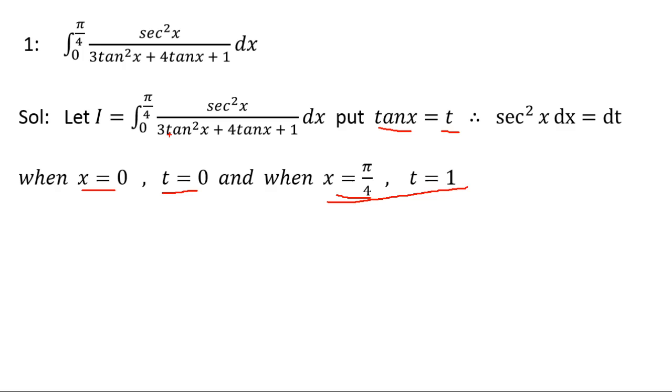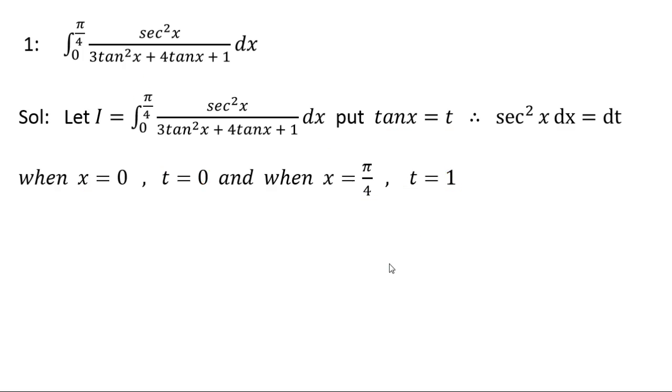So when I write this integral in the language of t, using variable t, I must use limits of t. Means the lower limit of the integral will be 0, fortunately it was 0, and the upper limit will be 1.